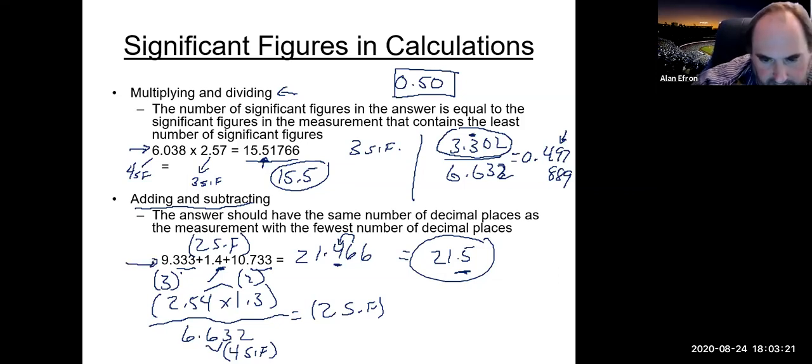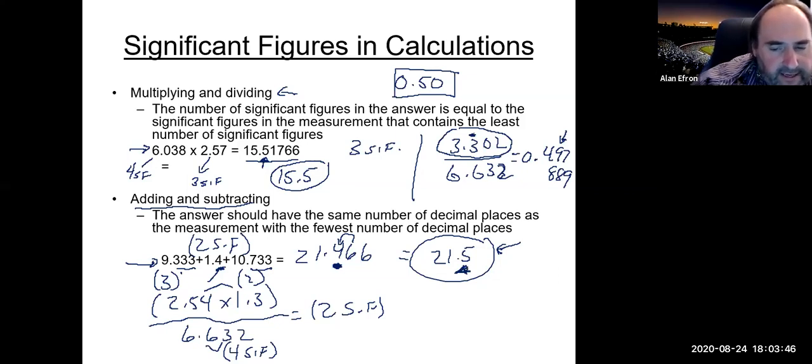When we added it together, you got 21.466. Because when we looked at all these numbers, we're not looking at significant figures, but at decimal places for the answer, the answer should have one decimal place, which means we should round to here, which is what we did. We rounded to the 5, and we did need to round up because of the 6.